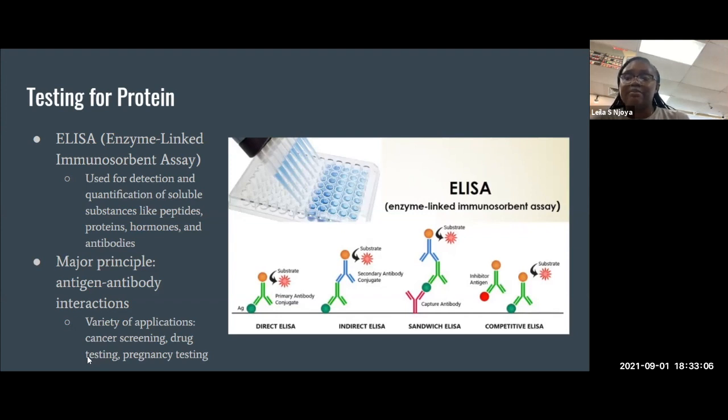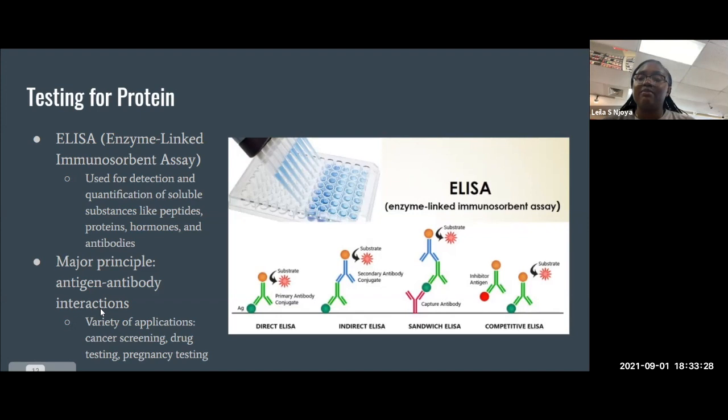You basically order a BCRP ELISA from a manufacturer, and the antigen for BCRP will be stuck down at the bottom of the plate. In all these examples, the green dot would be the antigen, and then in sandwich ELISA, it's basically the pink antibody.